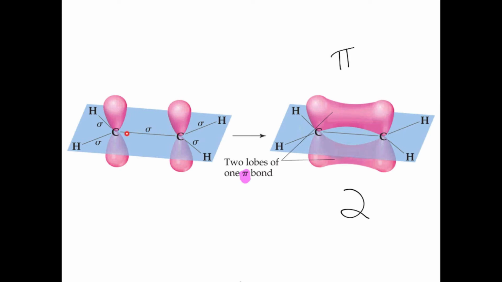We've already seen overlap between adjacent sp2 orbitals on each of these carbon atoms, and that is one of the 2 bonds in ethene. The second of the 2 bonds, according to valence bond theory, is this pi bond. And in general, that will always be true. When we see species that are multiply bonded, the second and any additional bonds after the first one are going to be of this type.